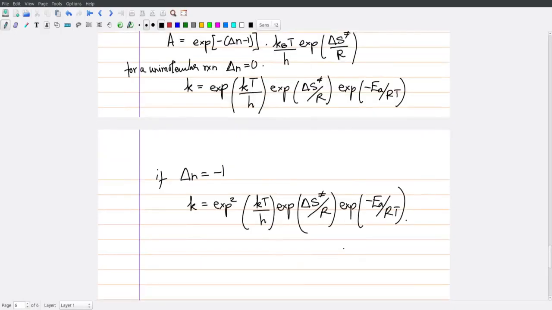Okay, so this is what your A from the Arrhenius equation looks like.